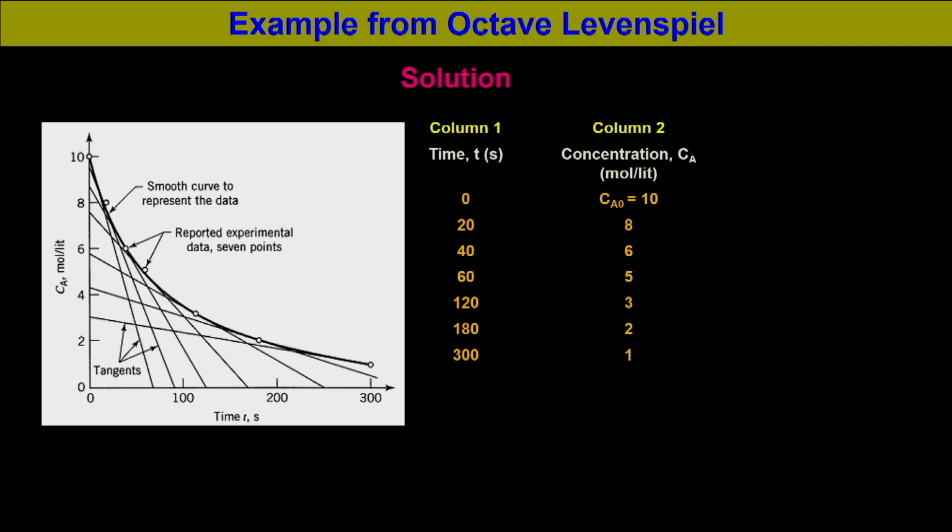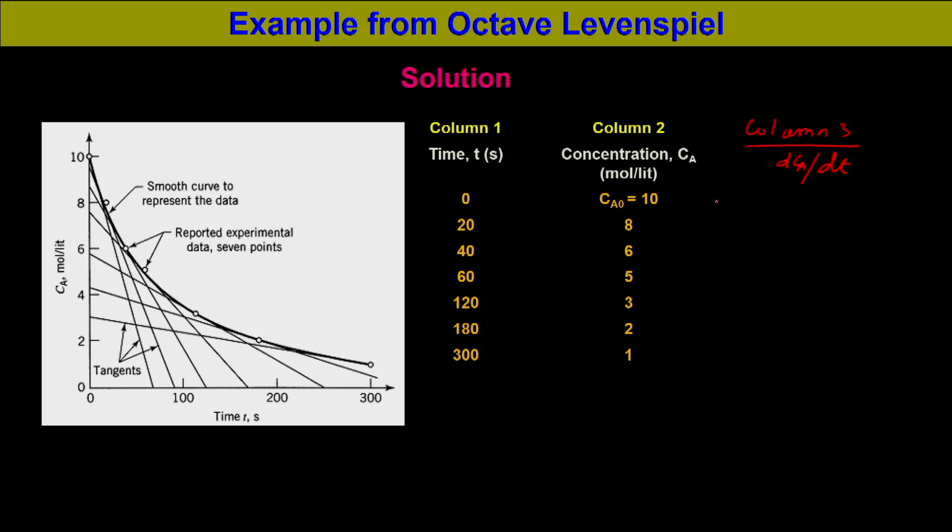So, as we can see all these data points fall under the smooth curve. So, we can calculate the tangent at different locations, say column 3. Here for each concentration we can calculate the dCA dt, that is the tangent.